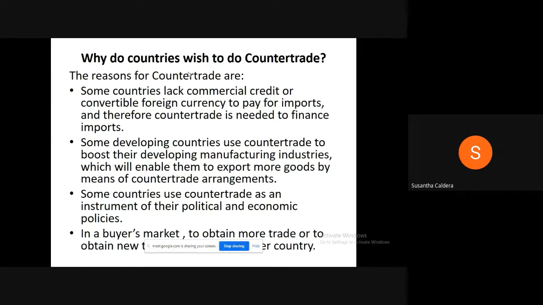Now, normally counter trade is a common phenomenon in the African region. You know, the African continent is a very rich continent. Rich in the sense, not by way of money, but what they have? Minerals. They have diamonds, gold, titanium, zinc, copper, enough for the entire world.